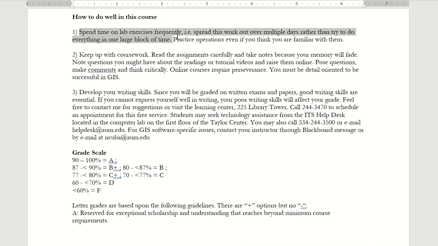One is to spend time on the lab exercises frequently. Maybe that's not the clearest language to use there. What I mean is spread the work out over multiple days rather than trying to do everything in one large block of time, even if it's the same amount of overall time you spend on the assignments.